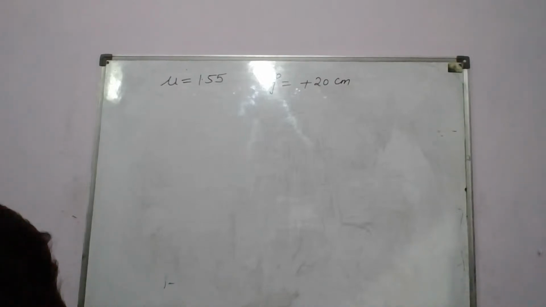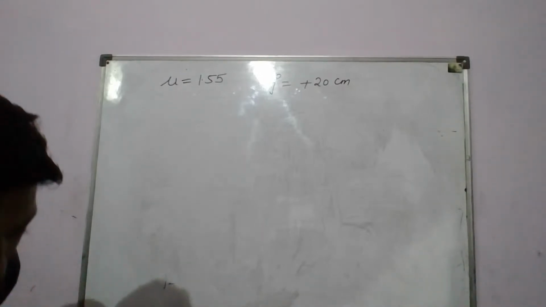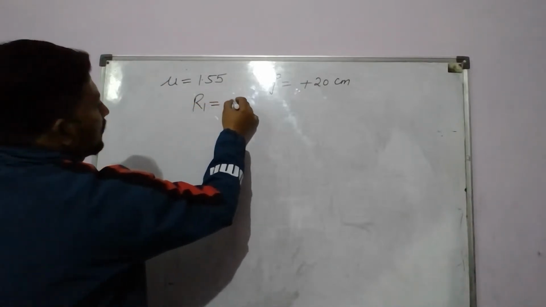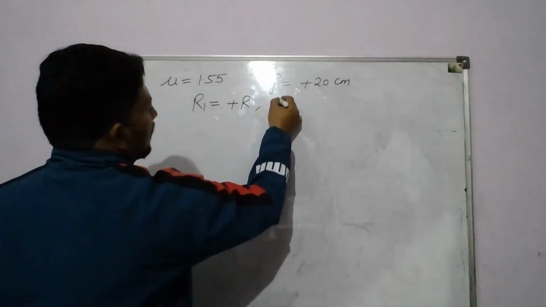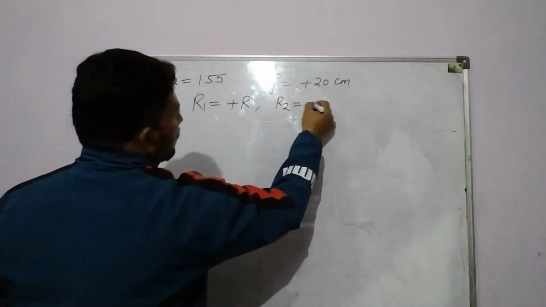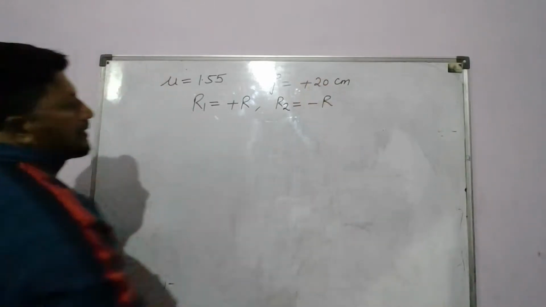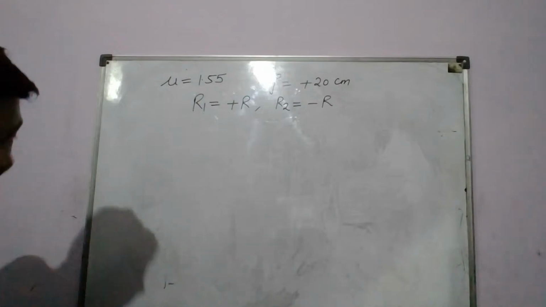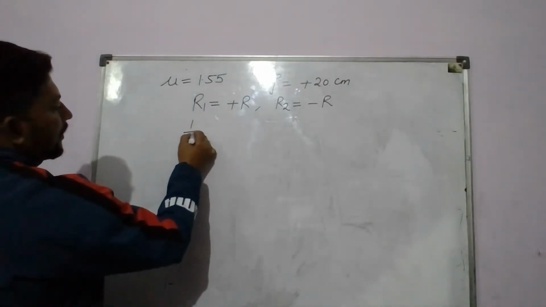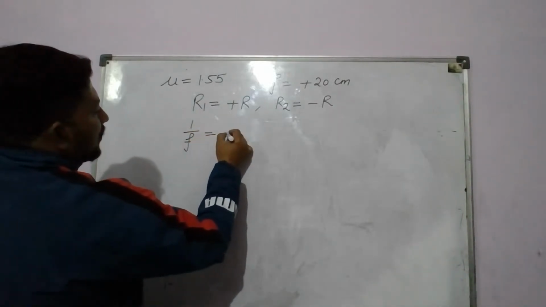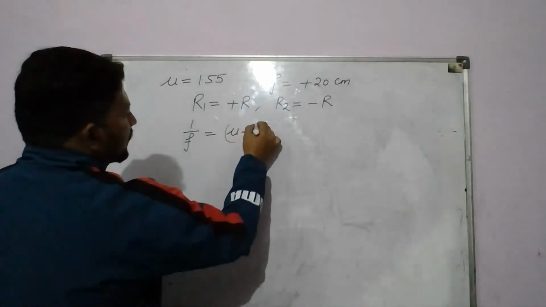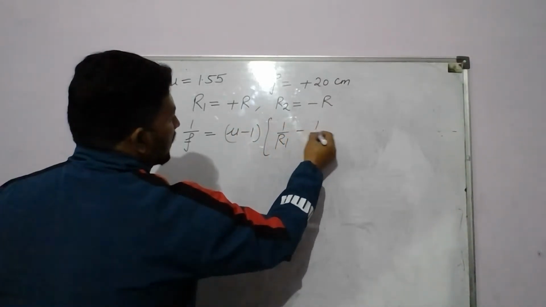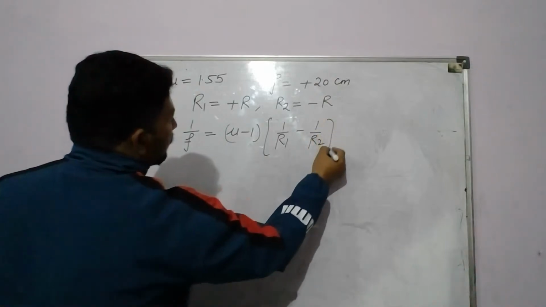So again you apply: R1 is equal to plus R, and R2 is equal to minus R because it is in the opposite direction of the incident ray. So again you directly apply 1 by f is equal to mu minus 1 times 1 by R1 minus 1 by R2.